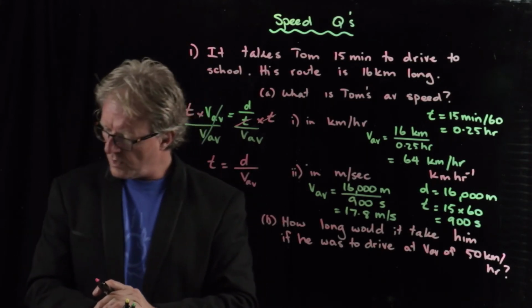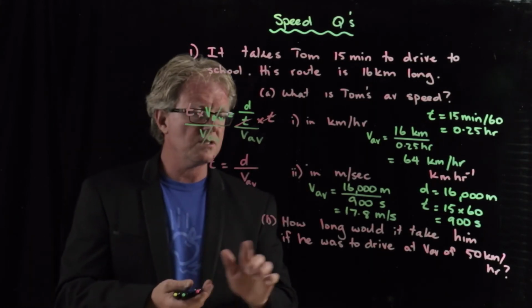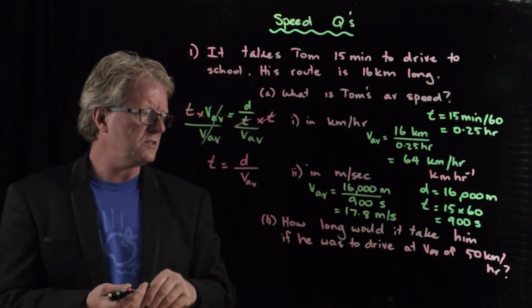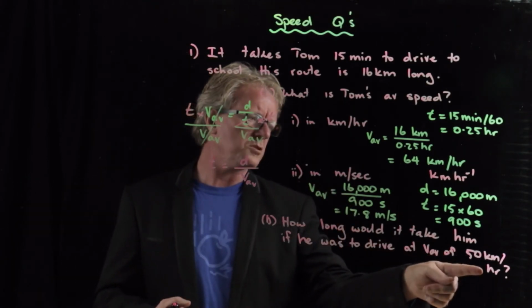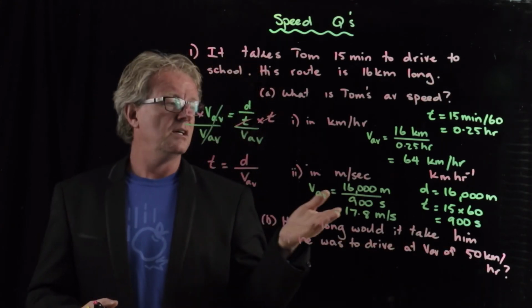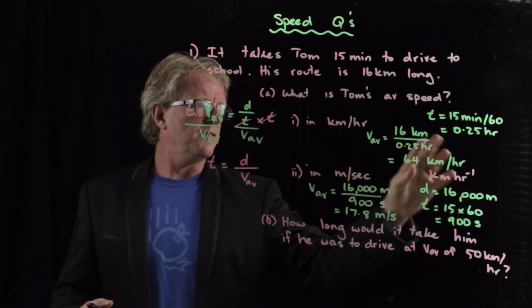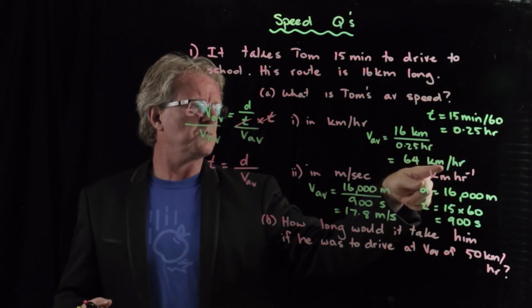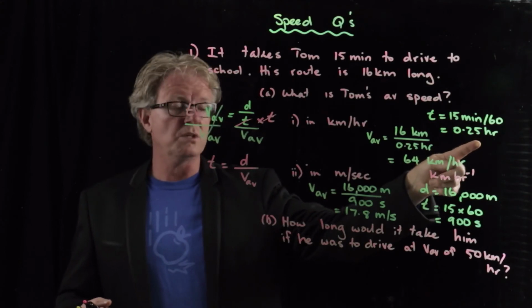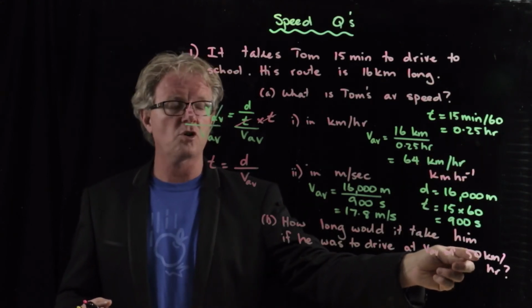Okay, so now we just plug in the values. The speed is in kilometers per hour. So either we can decide to convert, or use the value we got up here, which is kilometers per hour, and our time is in minutes, but we have it in hours here. So we'll keep that, since that's what our unit is here, kilometers per hour.